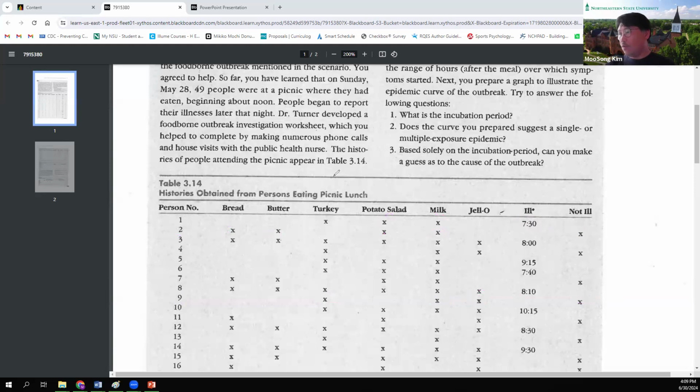We need to calculate the total number of people who ate the bread first. How many people actually ate the bread? Let's count that first.